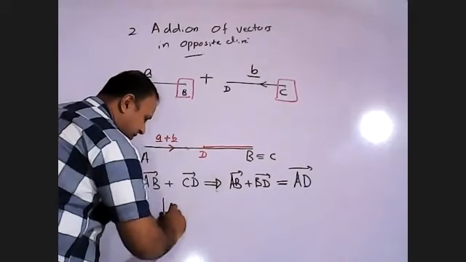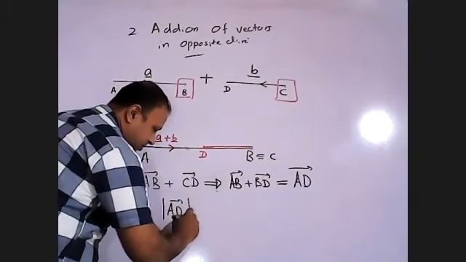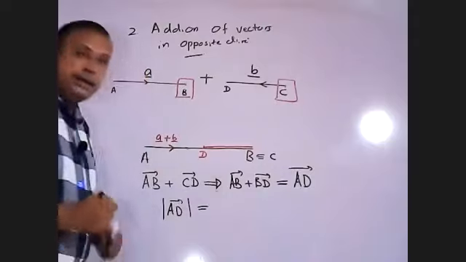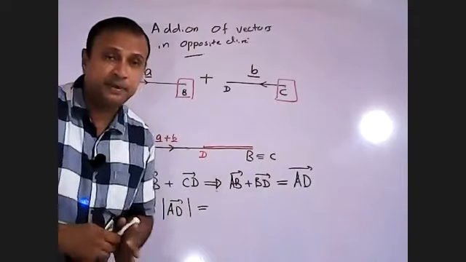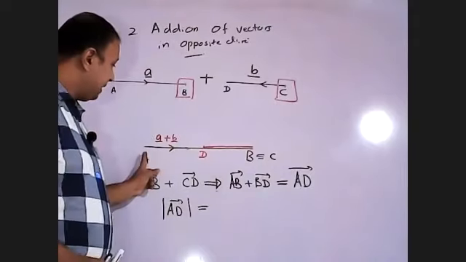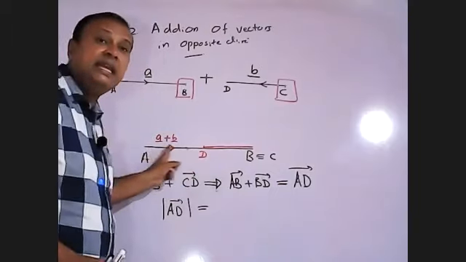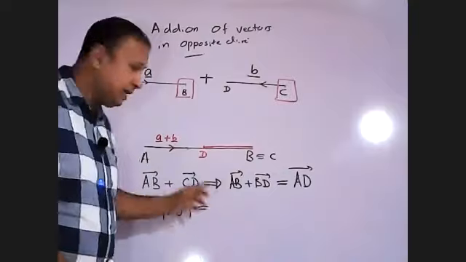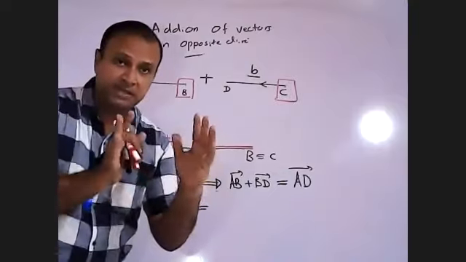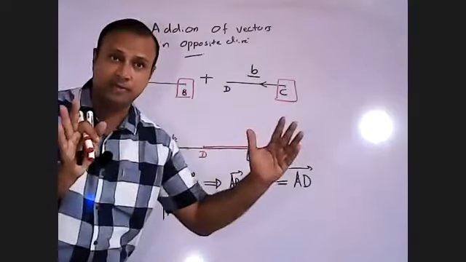Magnitude of the AD vector. The AD vector is represented by this AD line segment.